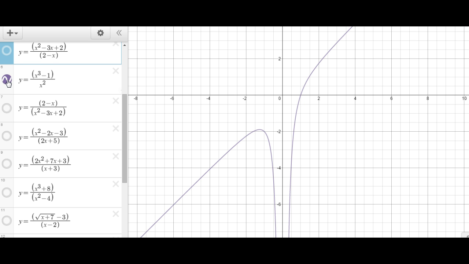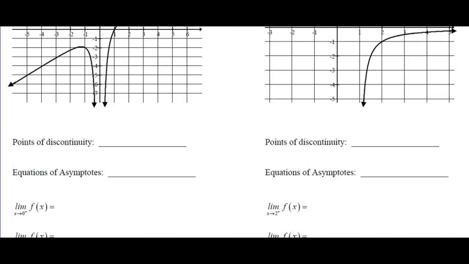Think there's a point of discontinuity? Where? 0 and -1. That's not a point of discontinuity, though, right? A point of discontinuity is a hole. It's a break in the graph. Okay, points of discontinuity, none. Equation of asymptotes. x equals 0. What else?